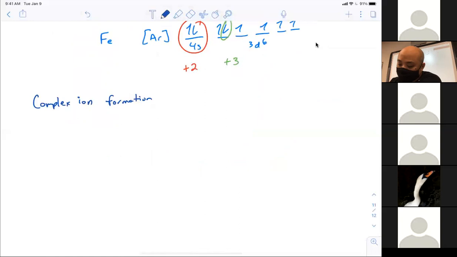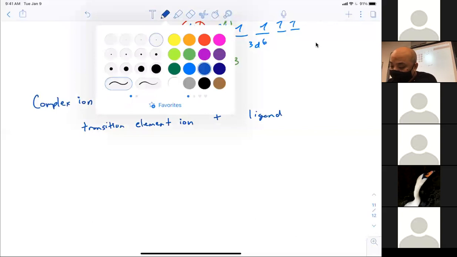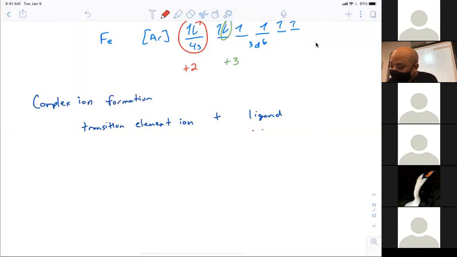Complex ion formation has to do with the transition element ion and a ligand. If you remember from organic and maybe from last year, a ligand can be an electron pair donor because it has a free electron pair, which makes it a Lewis base, to tie back into topic 8 and 18.